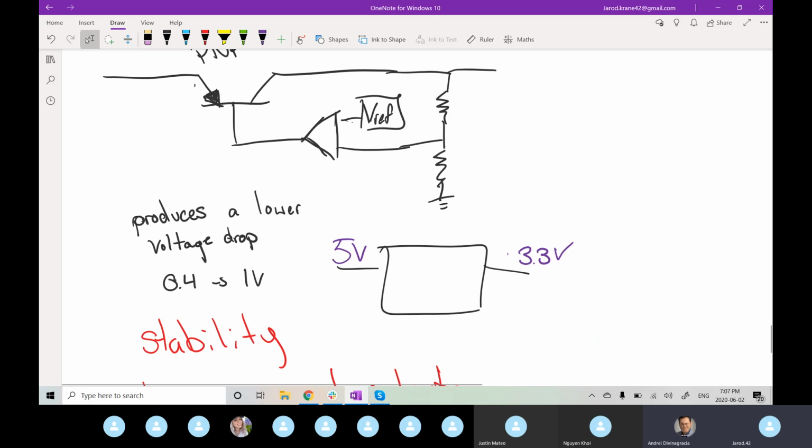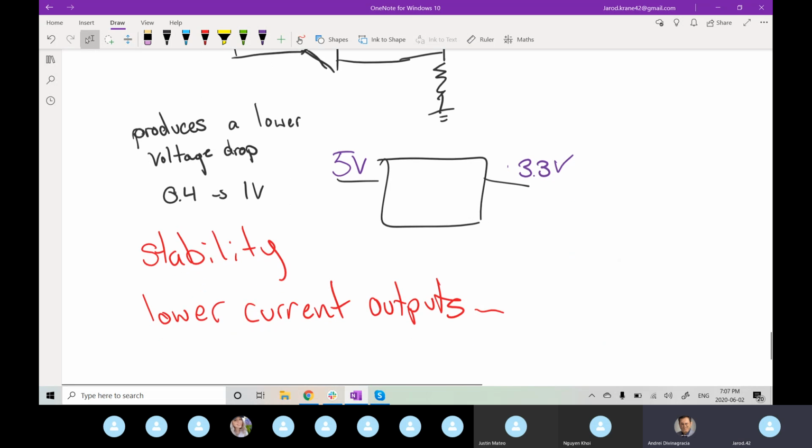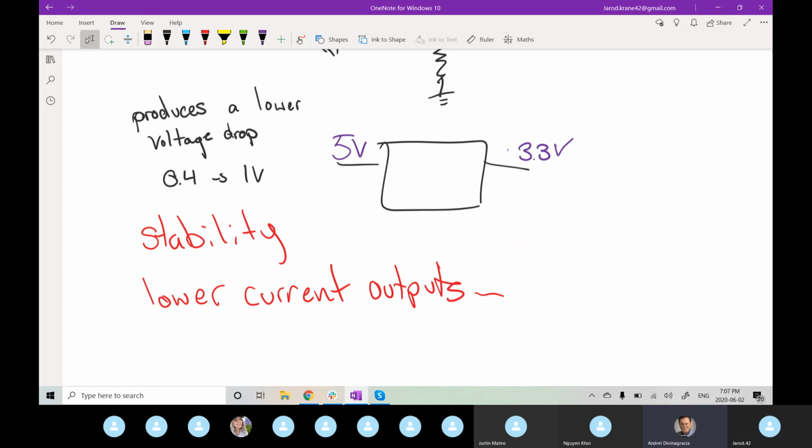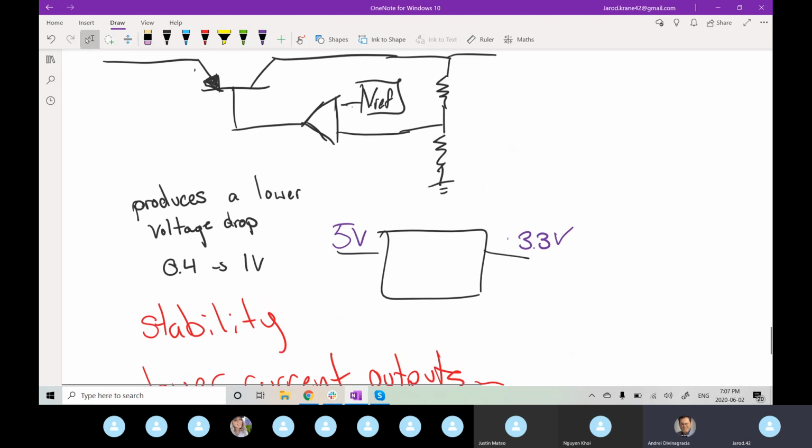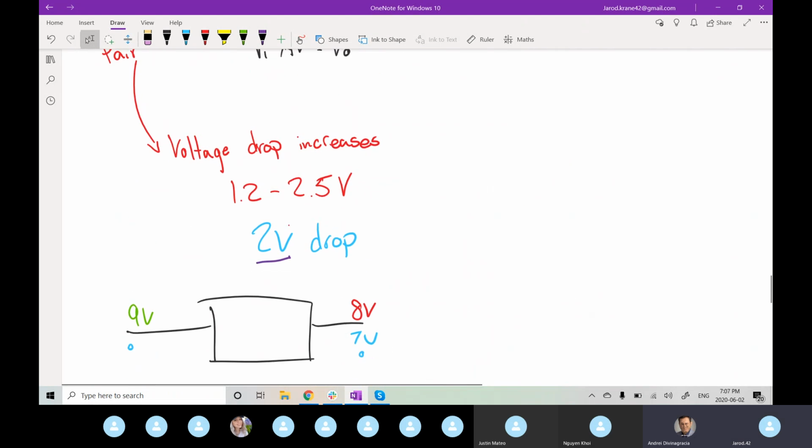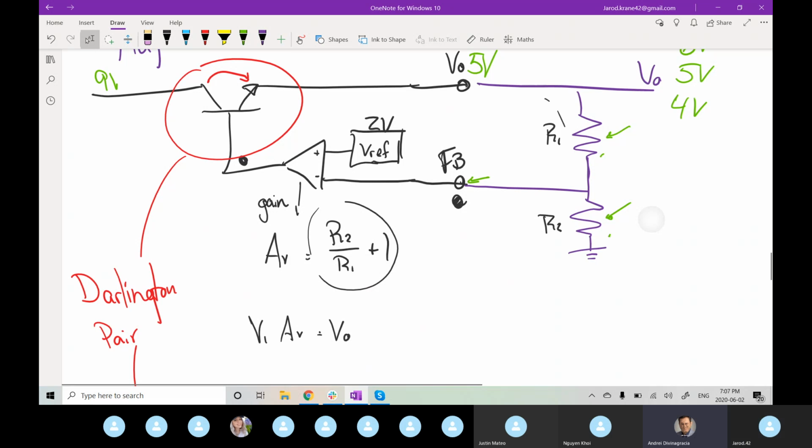Can I bug you again? Please. For the Darlington pair, not the low dropout one, the one above it, the standard one, yes. Isn't that voltage drop good? So we get a lower transient response.